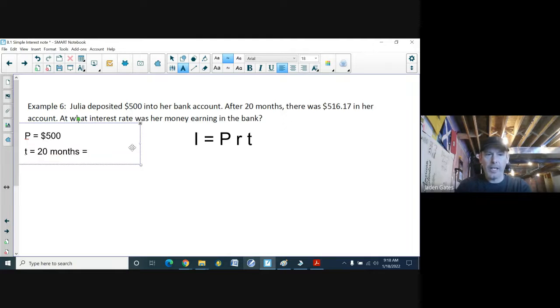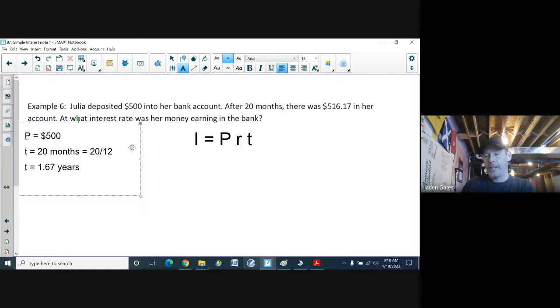But again, I'm going to need to convert that to years. So I'm going to take that 20 and divide it by 12 because, again, there are 12 months in a year. And so my time here, I take 20 divided by 12. I get 1.67 years.